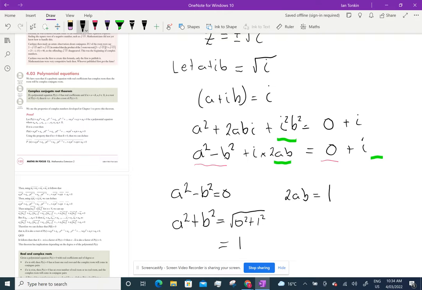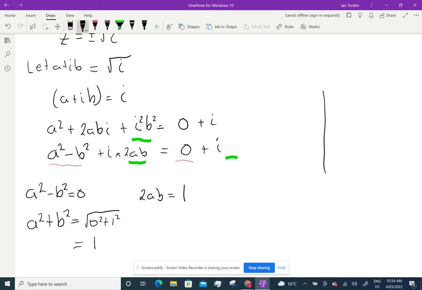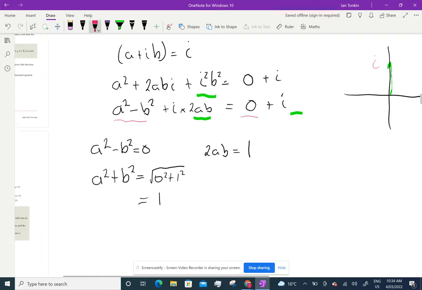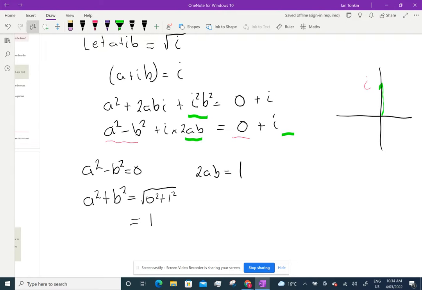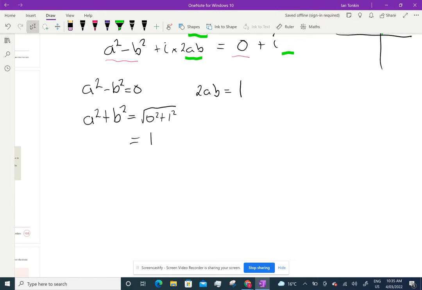Because we know that, think about it, i is this point here, and there it is, i, and it's a modulus of 1. We could even write it in cis form, and we're going to do that in a minute. But the reason I want you to do it this way is because it's much easier now to try and solve these two equations simultaneously than these two equations simultaneously. So, let's get rid of that.